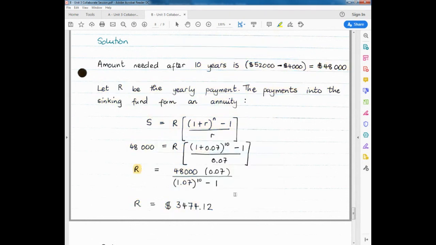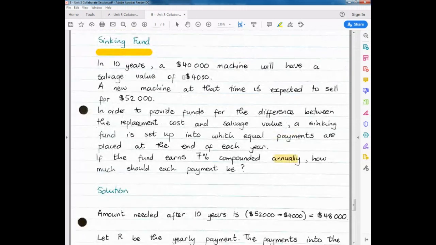So you would need every year for 10 years to put $3,474.12 into the sinking fund for it to grow to 48,000, so that when you get your salvage value of 4,000, you can add it to the 48,000 and you buy a new machine.